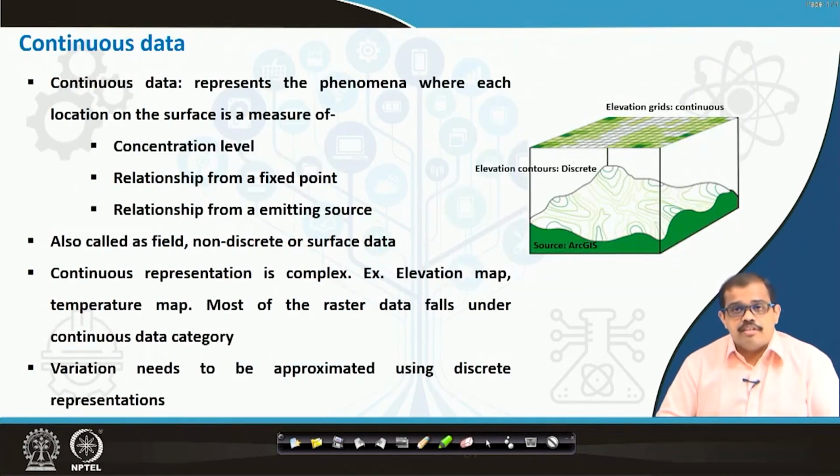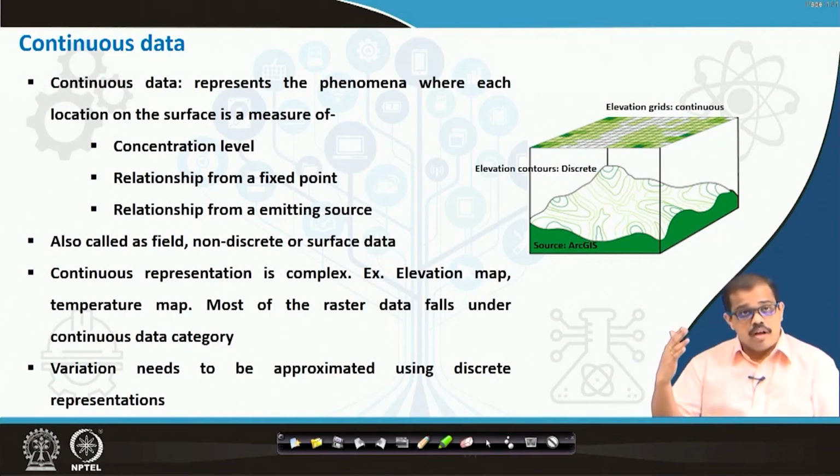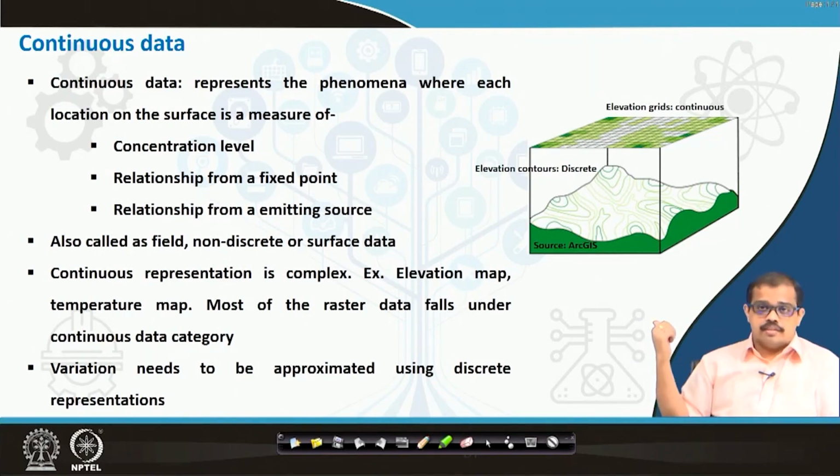And when you look at continuous data, I just spoke about the elevation part of it. If this is an elevation map, you can look at the elevation as continuous grids here. So, this is nothing but your continuous data. I represent a phenomenon where each location on a surface is a measure of maybe a concentration level, or maybe relationships from a fixed point or from an emitting source.